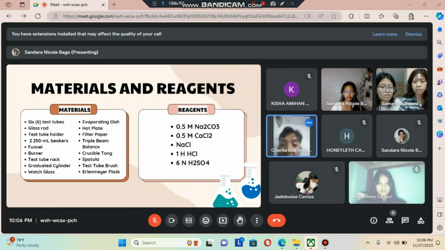For the reagents, we have used 0.5 M of sodium carbonate, 0.5 M of calcium chloride, sodium chloride, 1 N of hydrogen chloride, and 6 N of sulfuric acid.